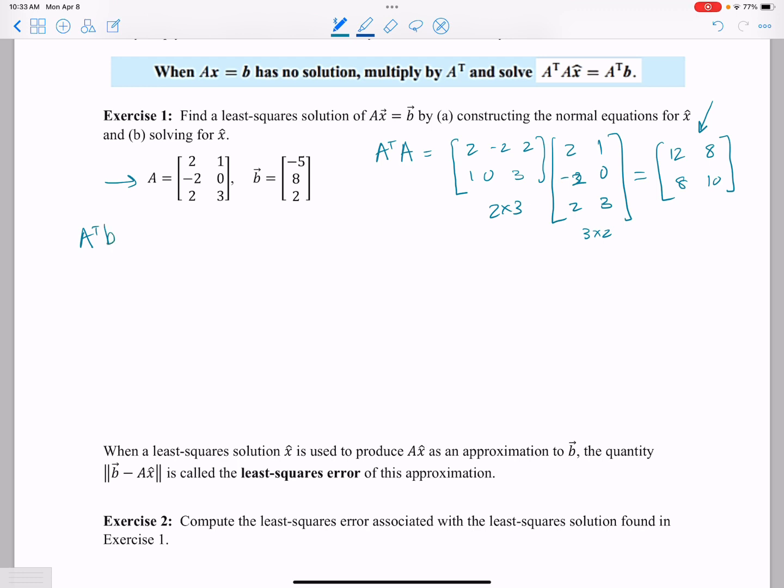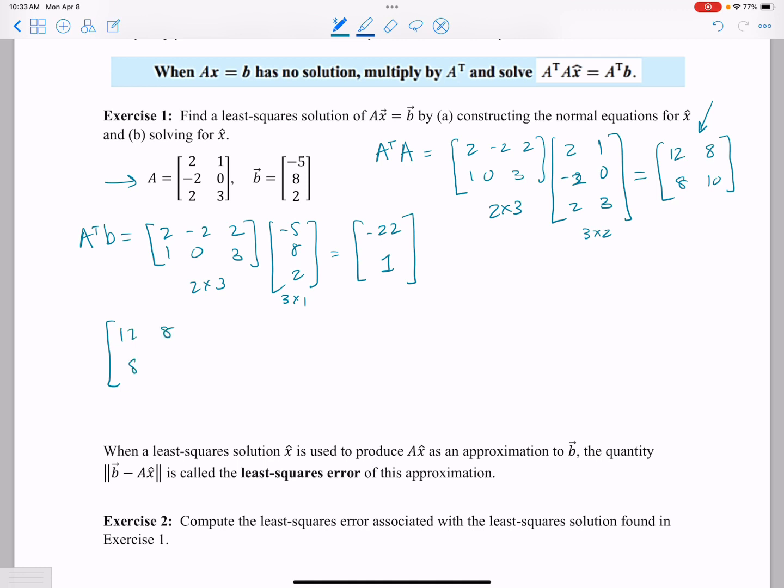Now let's look at A transpose b. So we have a 2 by 3 and a 3 by 1, so our output is a 2 by 1, and you get negative 22, 1. So the system I want to solve is the 12, 8, 8, 10 augmented with negative 22, 1.